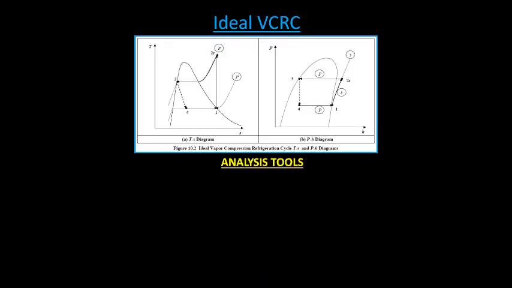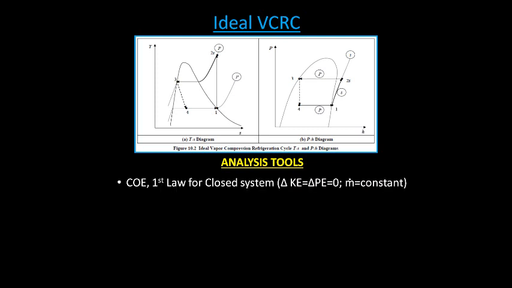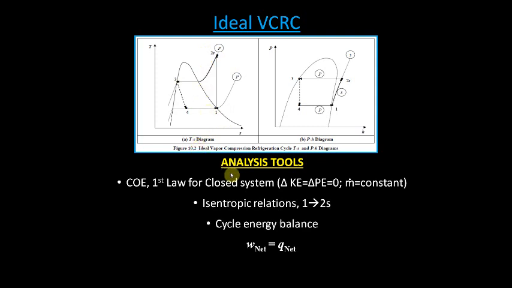To analyze the ideal VCRC, we're going to use conservation of energy, or the first law for a closed system, where the change in kinetic energy and the change in potential energy equal 0, and the mass flow rate is constant. We have isentropic relationships between state 1 and 2s, shown on our temperature entropy diagram. And as always, we have cycle energy balance, where the work per unit mass net is equal to the heat transfer per unit mass net.